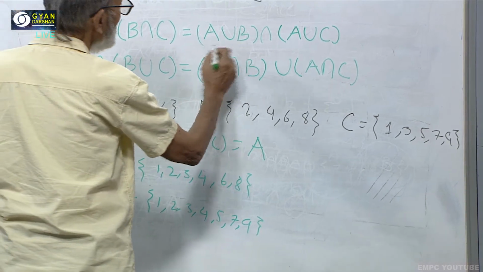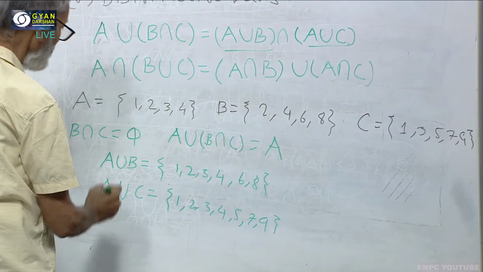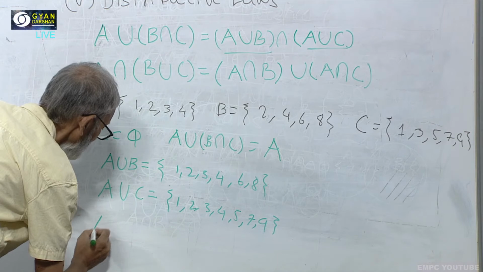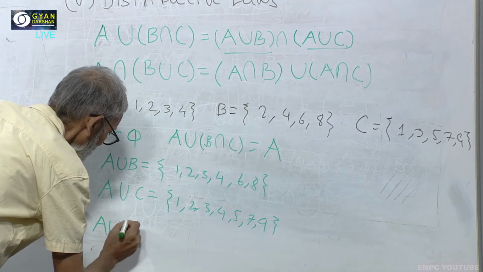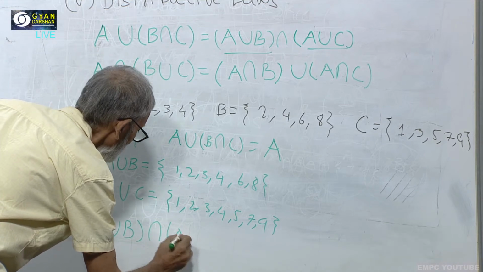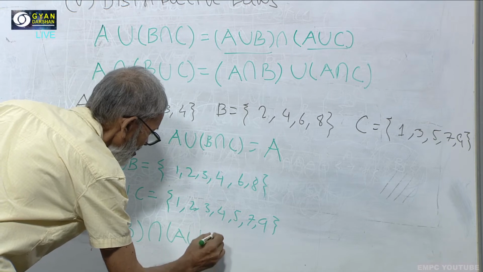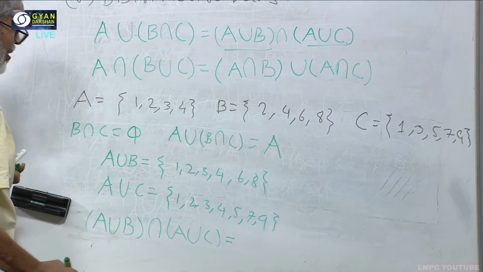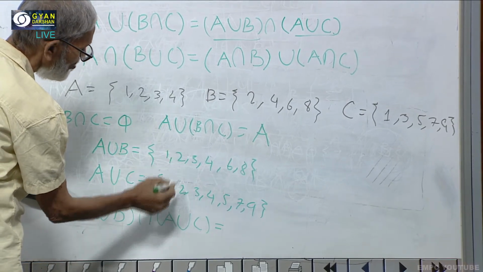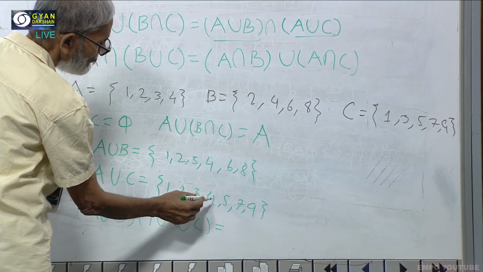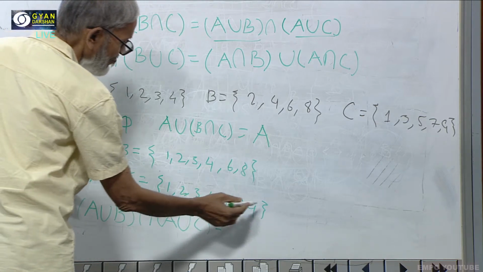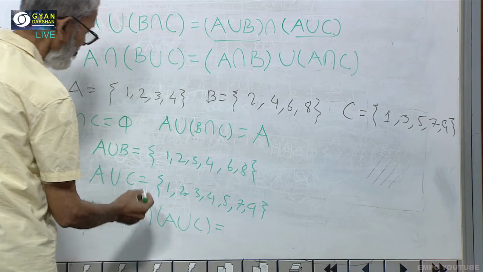So, what will be the intersection of these two? (A union B) intersection (A union C) will be equal to the common elements. So, 1, 2, 3, 4 will be common, and then 6, 8 is not here, 5, 7, 9 is not here.